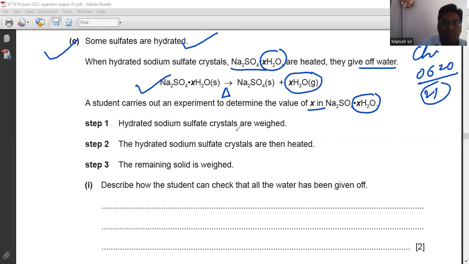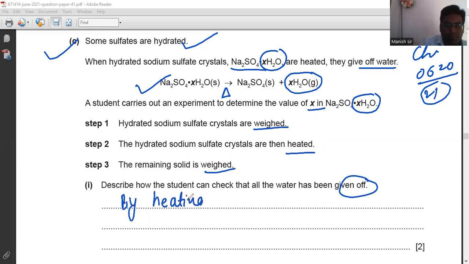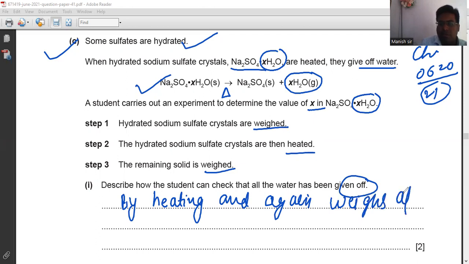So hydrated sodium sulfate crystals are weighed, right? Next, it is heated and weighed again. So how can the student check that all the water is given off? The answer will be by heating and weighing again, and repeat steps 2 and 3.